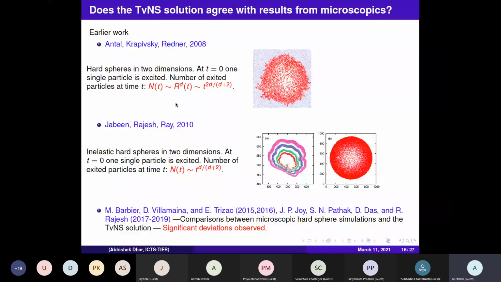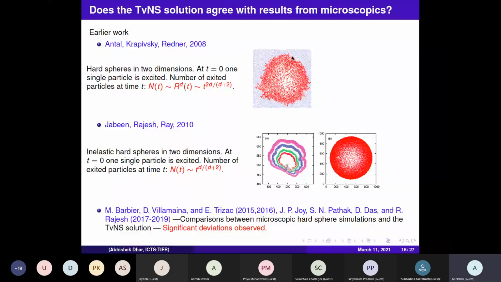What they observed is this picture that I show here, what you see after a long time, and the red balls are all the balls that have got excited after some time. Initially, only one ball was excited, and then it grows with time. You can see this is what I would call a shock of some radius.